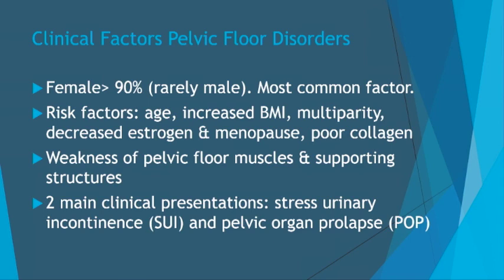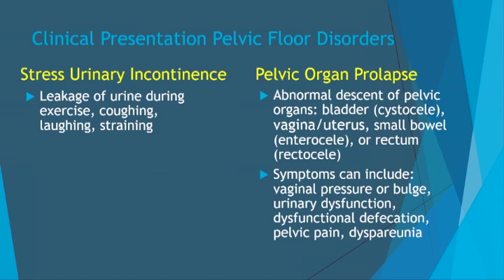Well, there are two clinical presentations for pelvic floor disorders, and they include stress urinary incontinence and pelvic organ prolapse. Patients who present with stress urinary incontinence complain of leakage of urine during things such as exercise, coughing, laughing, and straining.